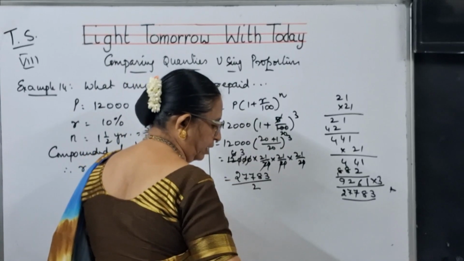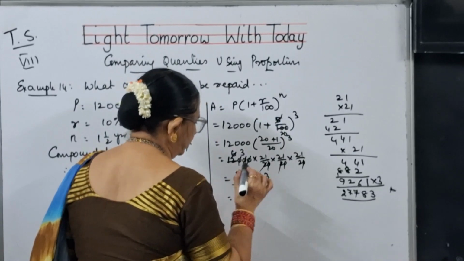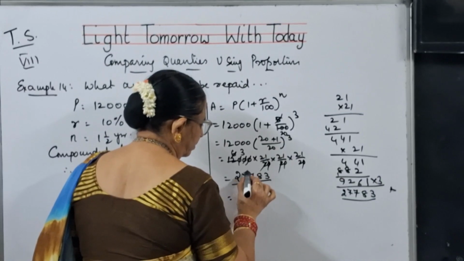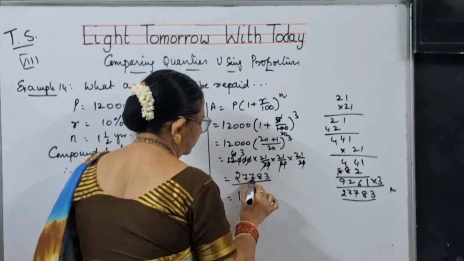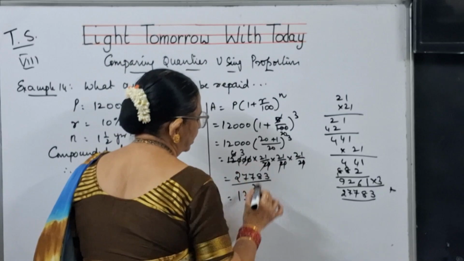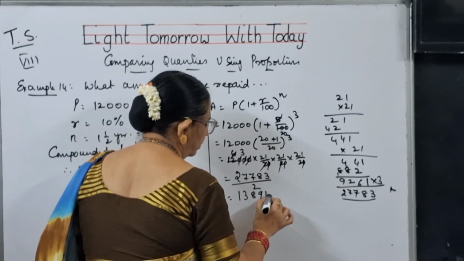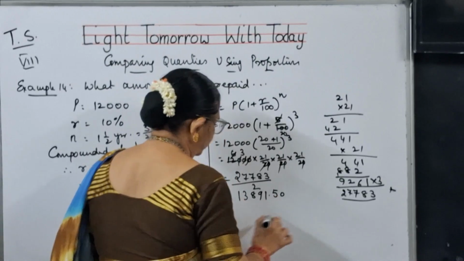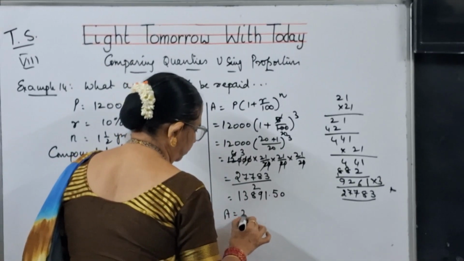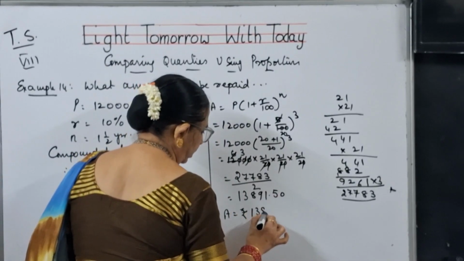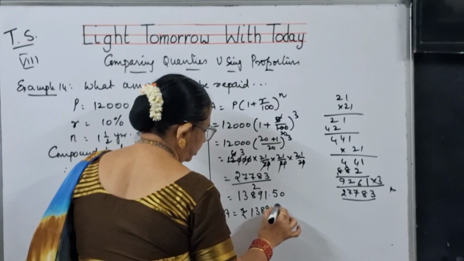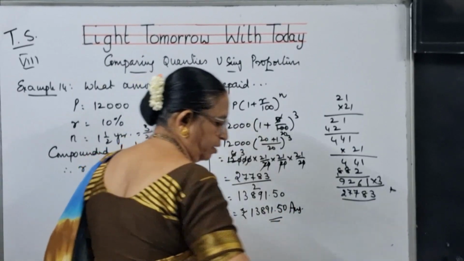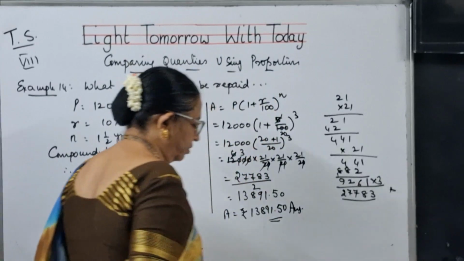So when I get it like this, let me simplify. 2 ones are 2, 2 threes are 6, 2 eights are 16, 2 nines are 18, 2 ones are 2, and then 2 fives are 10. So amount is equal to rupees 13891.50. This is the answer of this problem, children. Please note it down.